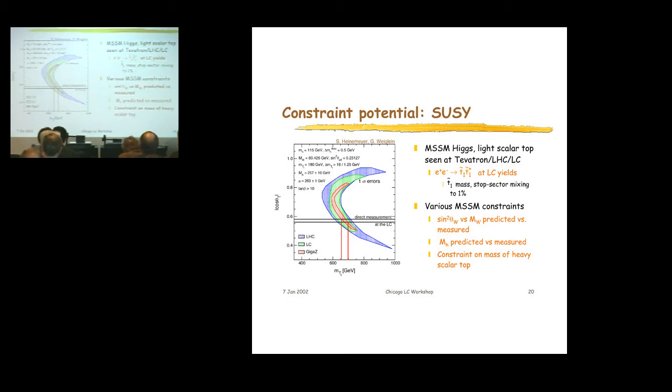For example, within the MSSM, you can again do the sine squared theta W versus W mass constraints, predicted versus measured values, just as I showed for the standard model at the beginning of the talk. MH becomes a predicted quantity within MSSM, so this gives you one more constraint. And Sven walked through the example of being able to constrain the mass of the heavy scalar top much more effectively at GigaZ than you could at the LHC or with just a non-GigaZ program at the linear collider.